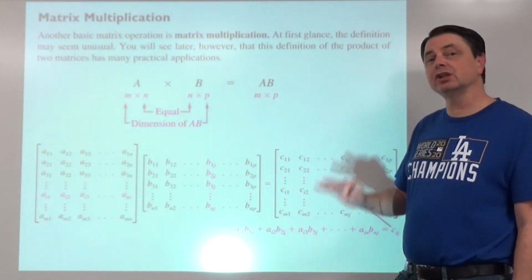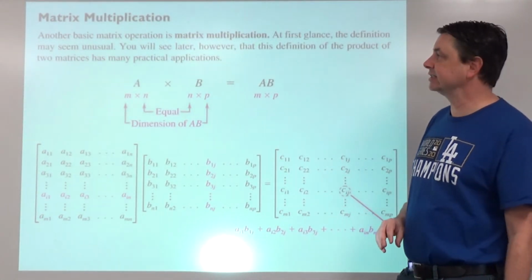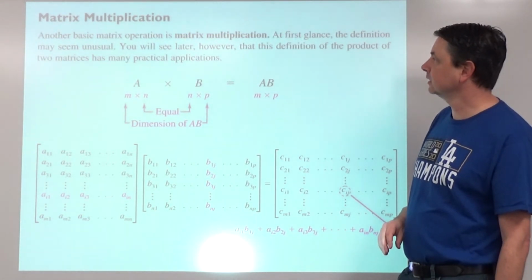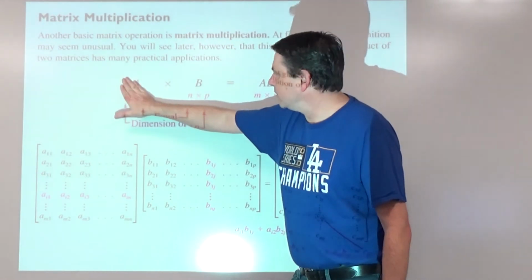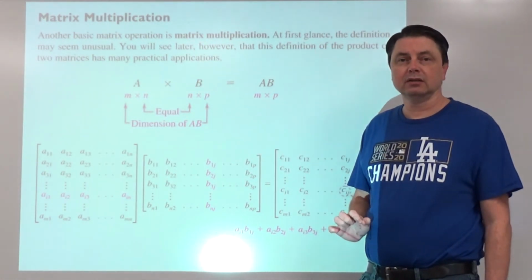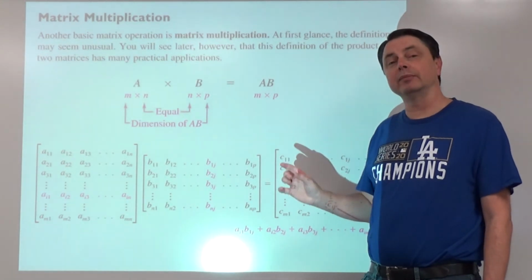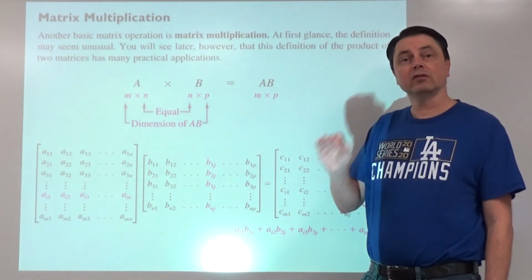Matrix multiplication is quite different when we multiply 2 matrices together. When we take one matrix multiplied by another matrix, we can't always do it. The orders have to match up. Now they don't necessarily need to be the same order for both matrices.